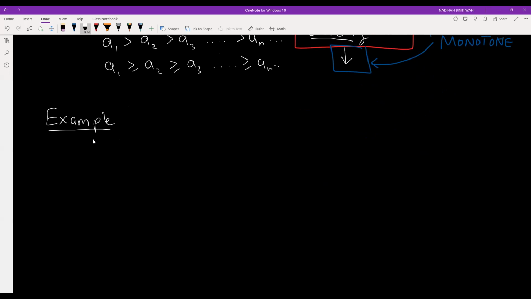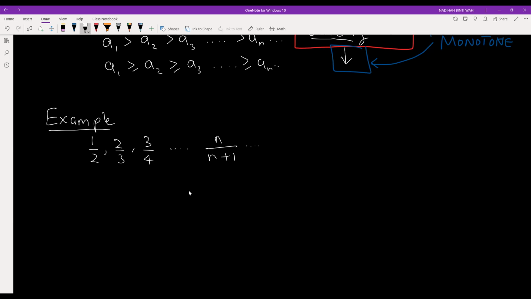Example. The previous example, I have 1 over 2, 2 over 3, 3 over 4. The formula is n over n plus 1.